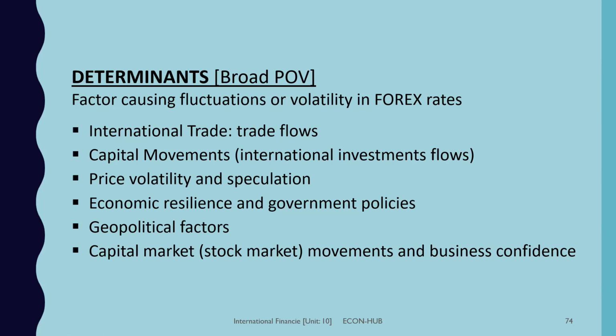Earlier we gave demand and supply separately. Now, what are the broader determinants of exchange rate volatility, or when demand and supply change, what causes those changes broadly? International trade flows, definitely. Import and export flows, when they change, demand and supply for currency will change. Capital movements, price volatility and speculation, economic resilience and government policies are there. I'll explain some of those in the future.